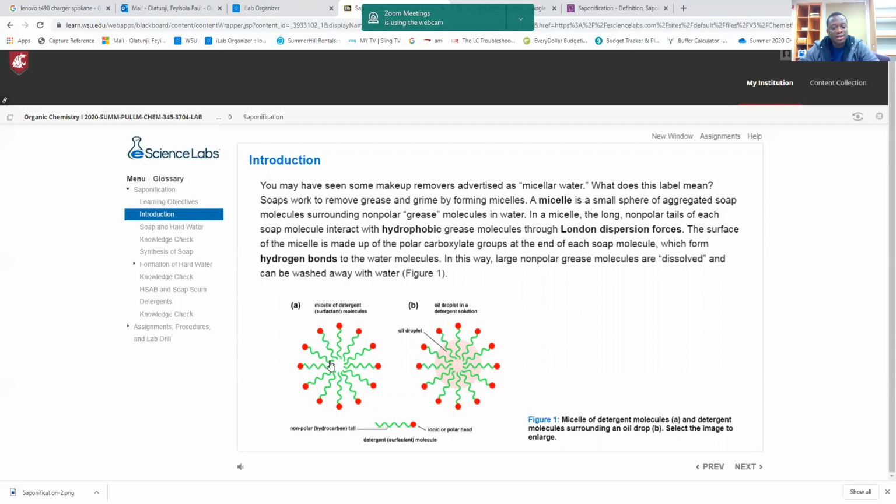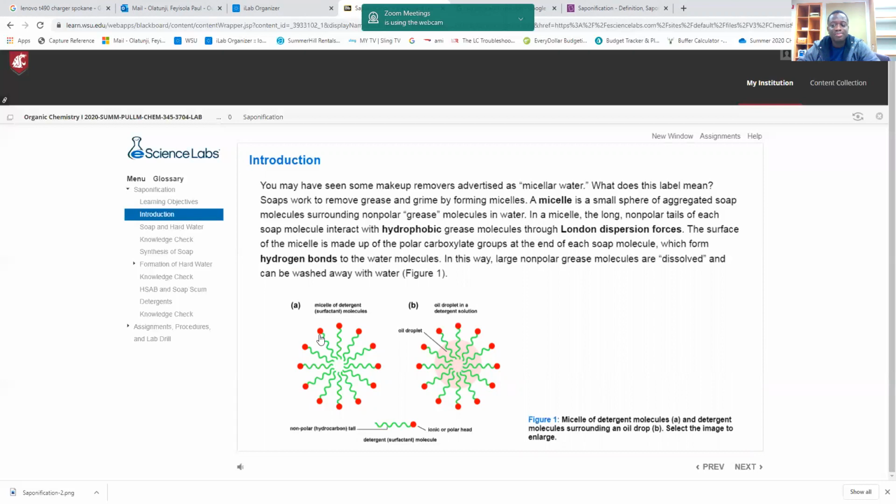So basically your soap looks like this. If you look at the figure below, figure 1A, you'd see your soap actually looks like this. The soap molecule would normally have a long hydrocarbon chain, so just an alkyl chain that's non-polar, okay? And it's going to have a head that's very polar, usually ionic.